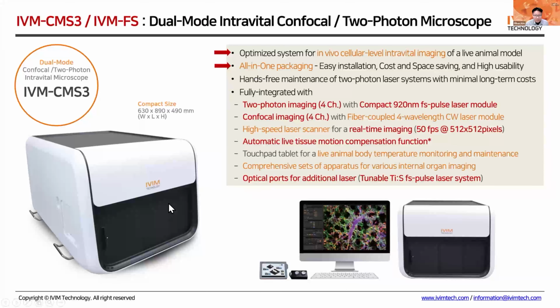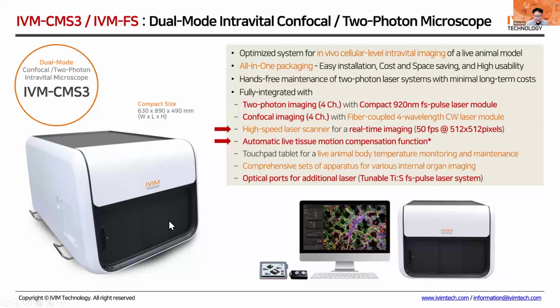Our microscope is a single box system. Everything is inside, so it's an all-in-one packaged system for two-photon and confocal intravital in vivo cellular level imaging of a live animal model. As I just mentioned, this single box can do both two-photon and confocal imaging, both in 4 simultaneous colors.